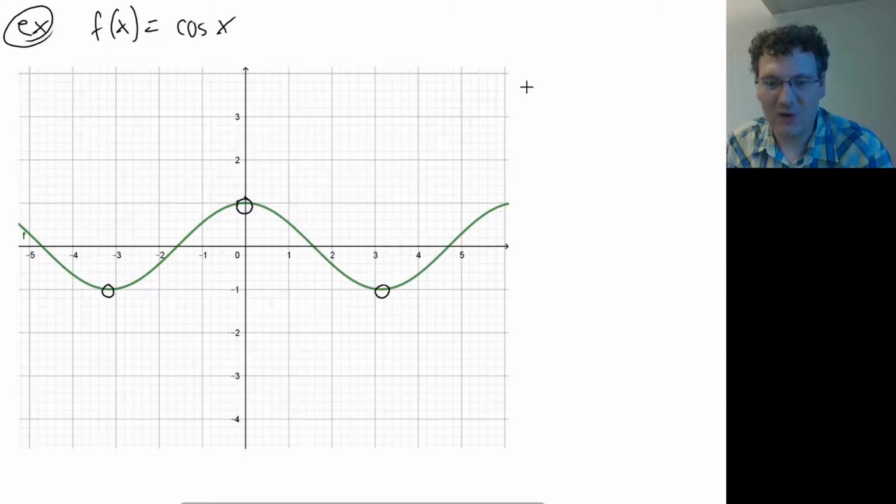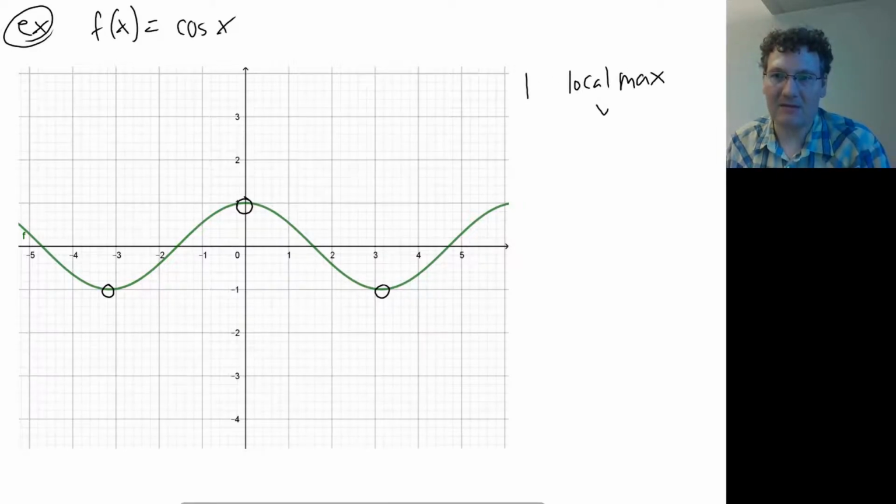Well, you know already that the cosine oscillates between -1 and 1, so it's clear that 1 is a local max value. Actually, we can say that 1 is the absolute maximum value. -1 is the absolute minimum value.